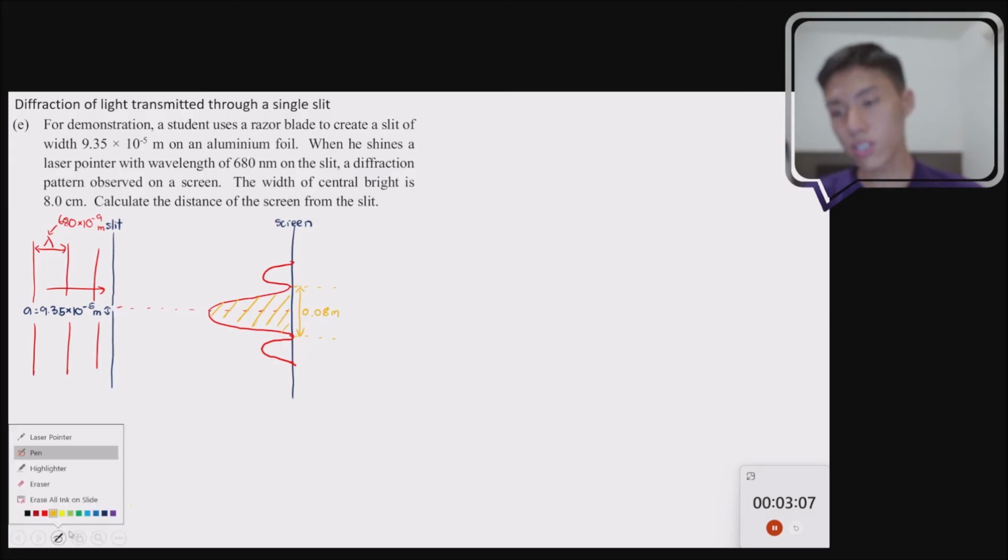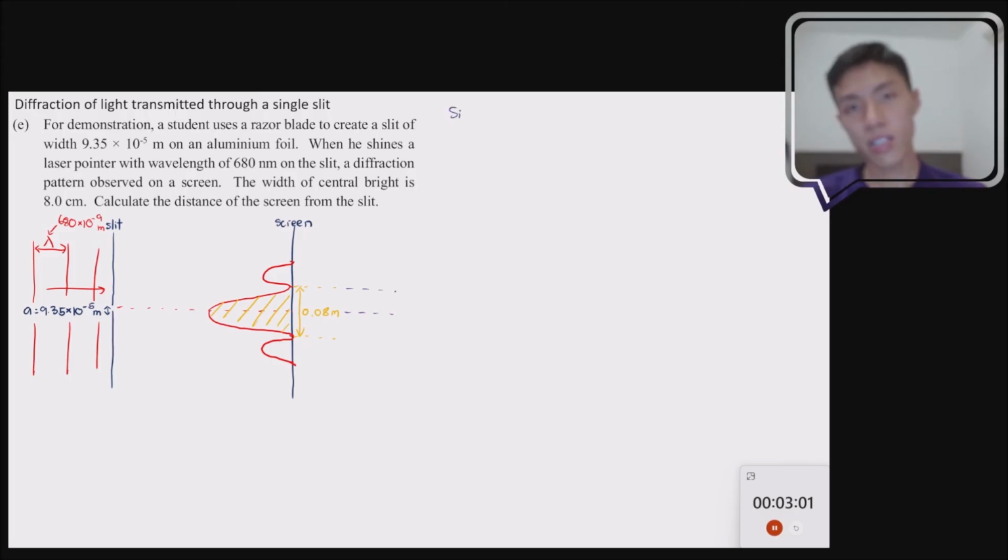And we know that this central bright here can actually be obtained. Again, single slit, m starts with 1, right? But you cannot label the central. If you want to know why it is so, you have to refer to the concept video. But basically, if this is your pattern, you cannot label the central bright.